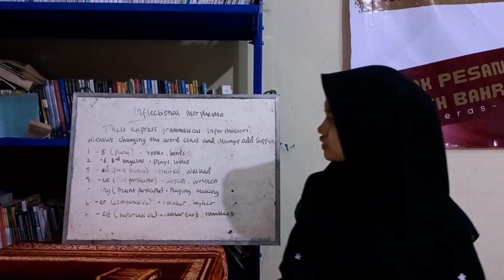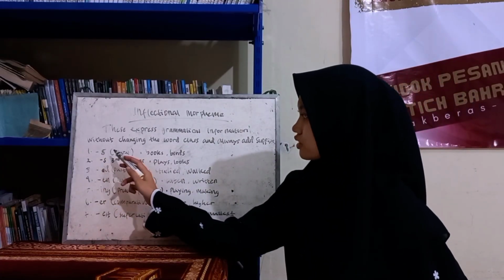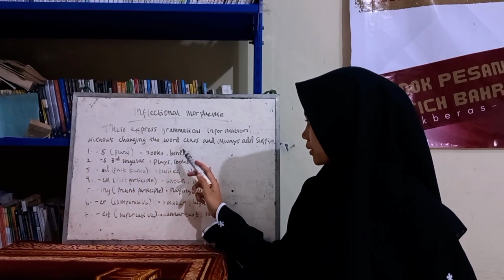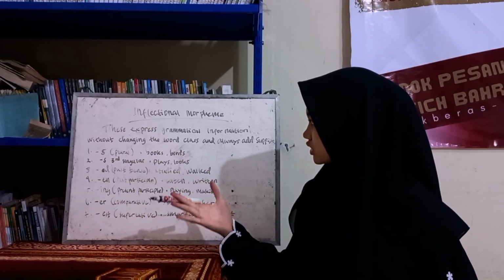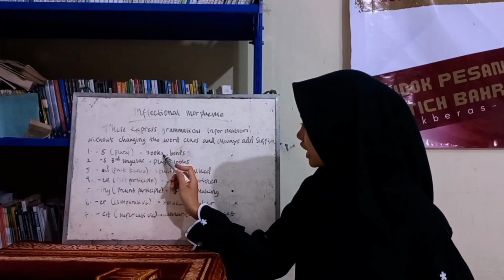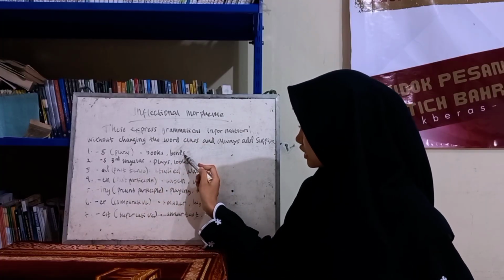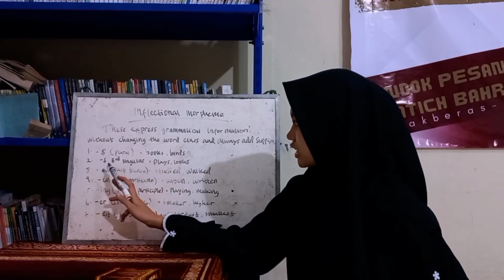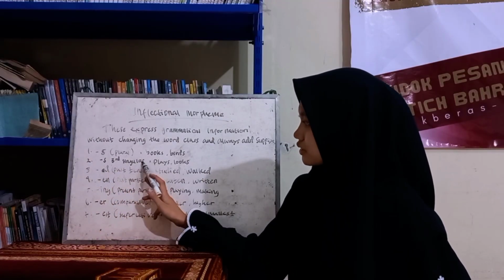There are 7 suffixes which are usually used in inflectional. The first is S for plural. Example, books and birds, where the suffix is S. This is S for plural. And the second S is for the third person singular.